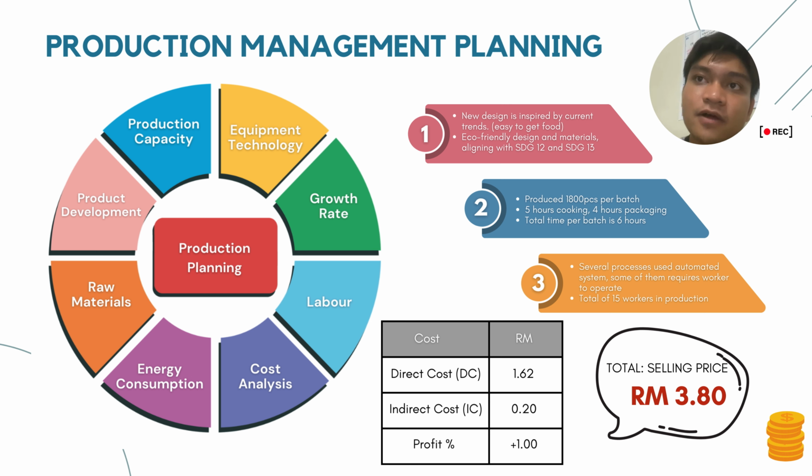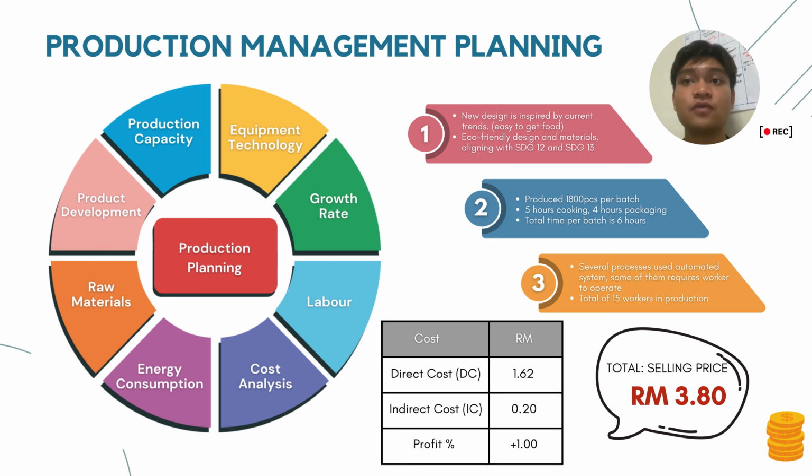I also illustrate here some of the cost analysis and cost consideration. After I calculated, the direct cost is 1.62 ringgit and the indirect cost is 0.20 ringgit. We want to make a 30% profit, which is 1 ringgit.